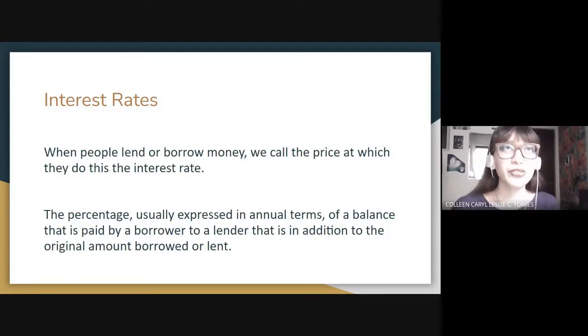So it's quite high. And so the pawn shop would receive 200 pesos in addition every month that you renew. So it's a small profit, but on a span of months.